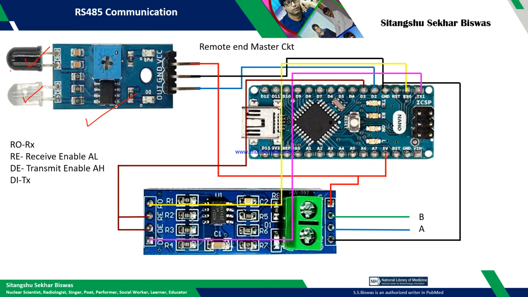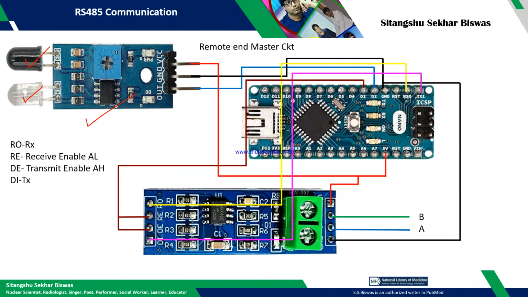If in front of these two LEDs there is no object, the infrared transmitted by the transmitter will not be reflected back. But if there is any object, then the IR will be reflected by the object and incident on the receiver LED and it will be sensed.